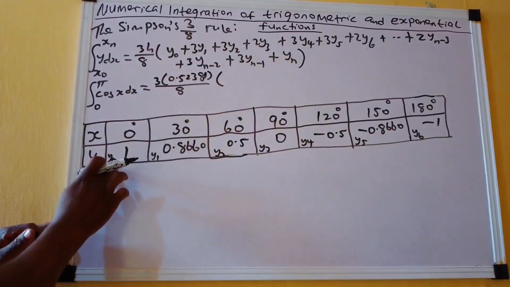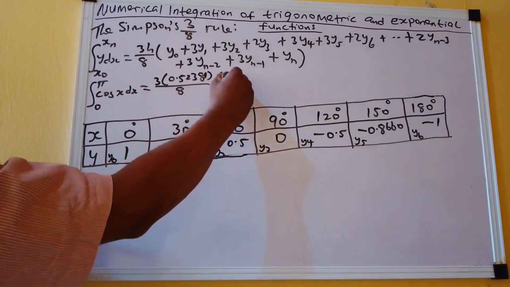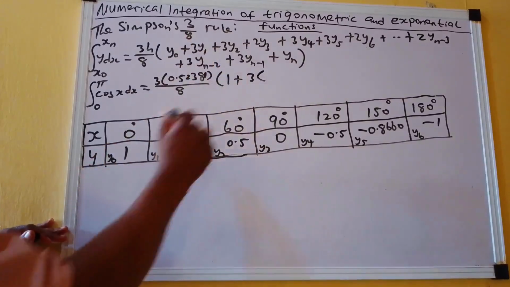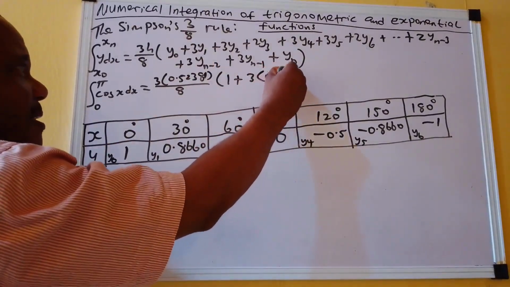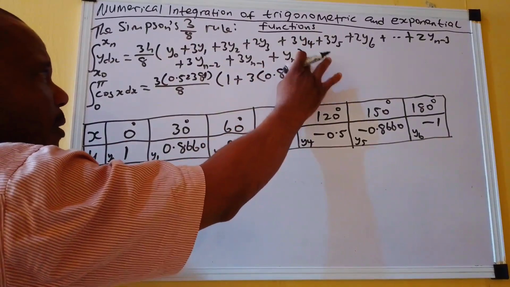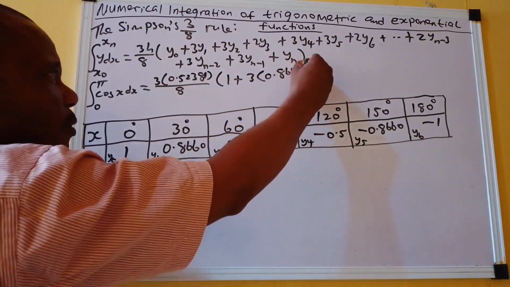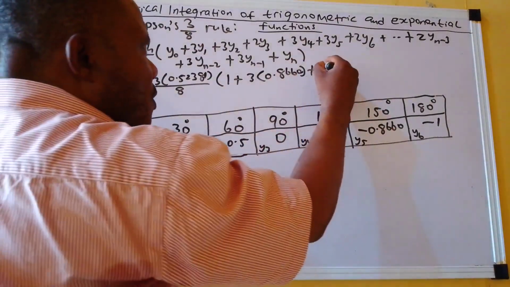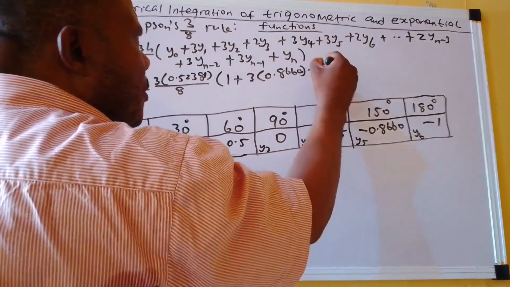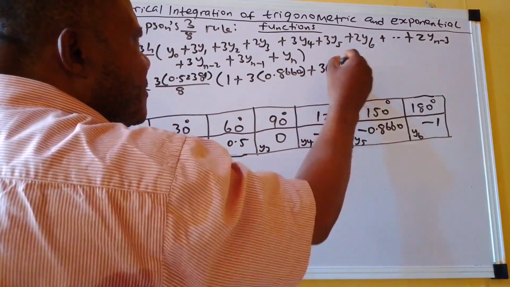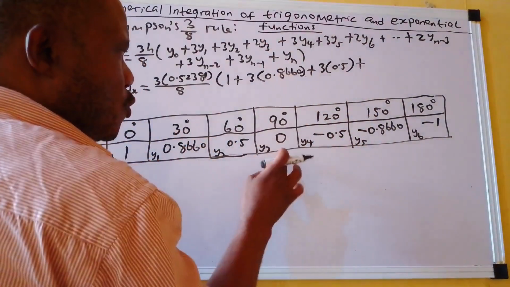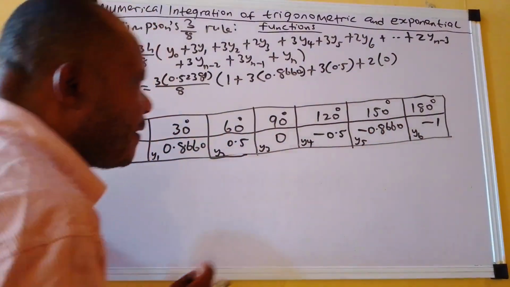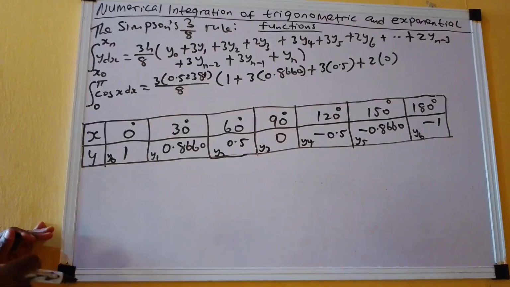Our y0 is 1, plus 3 into y1, which is 0.8660, plus 3 into y2, which is 0.5, plus 2 into y3, which is 0. Then it continues like that.